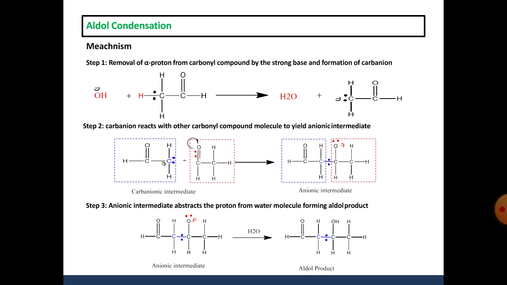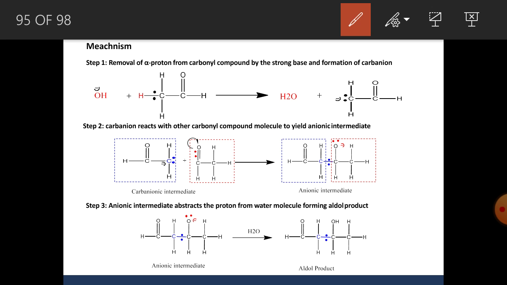Step number 1 is the reverse of Cannizzaro. So from acetaldehyde, we have taken acetaldehyde which has an alpha hydrogen. So here we are using an aldehyde which has an alpha hydrogen.